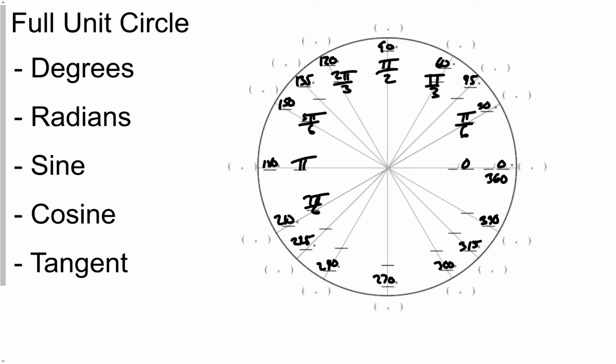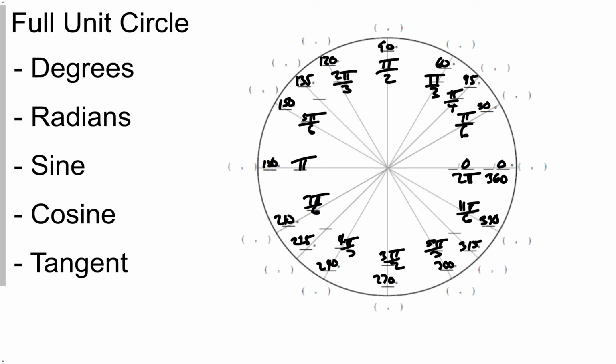This is 7 pi over 6, 4 pi over 3, 3 pi over 2, 5 pi over 3, and 11 pi over 6. 1, 2, 3, 4, 5, 6 pi over 6, 7, 8, 9, 10, 11, and 12 pi over 6, 2 pi. Spin around once with pi over 6, then I fill in the pi over 4s.